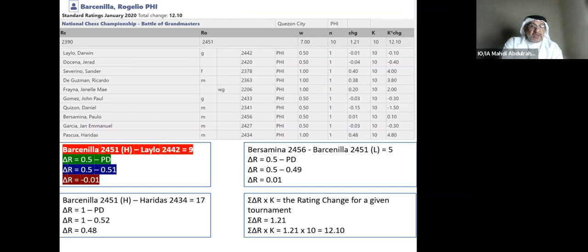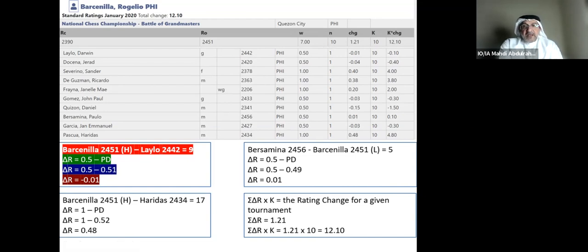From the table, we found 0.51. So we make our calculation for the first opponent. I scored half with the first opponent, so half minus PD, which is 0.5 minus 0.51. The result will be minus 0.01.